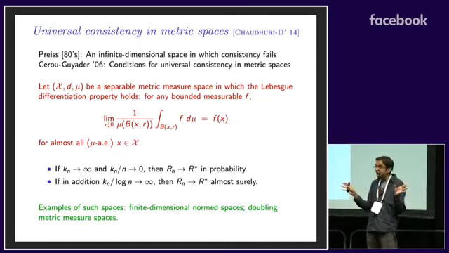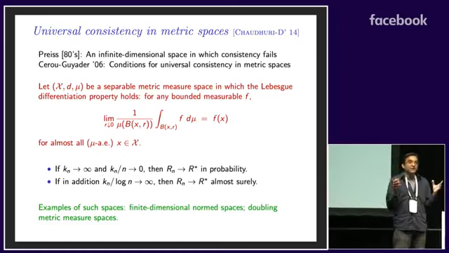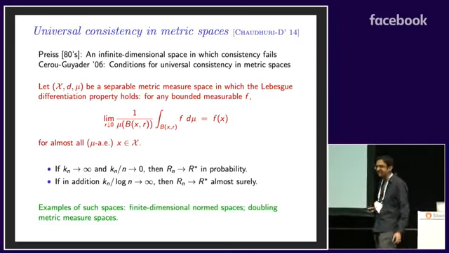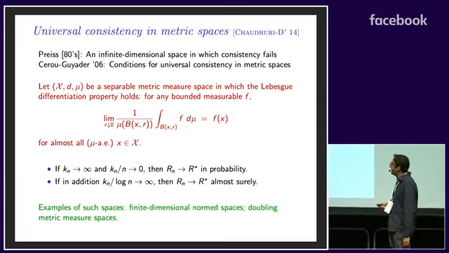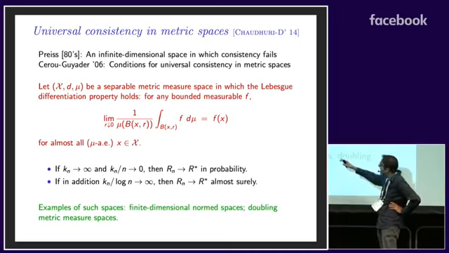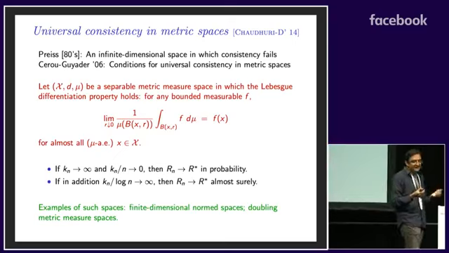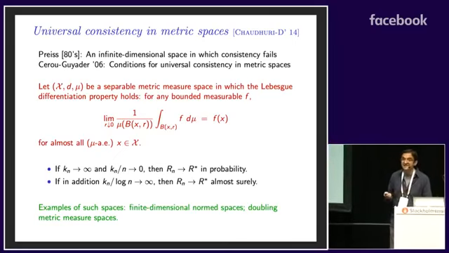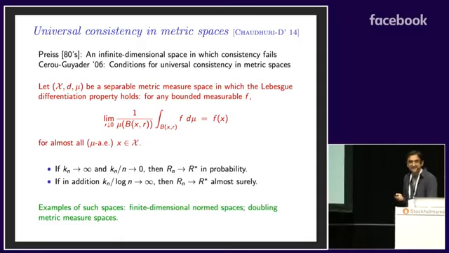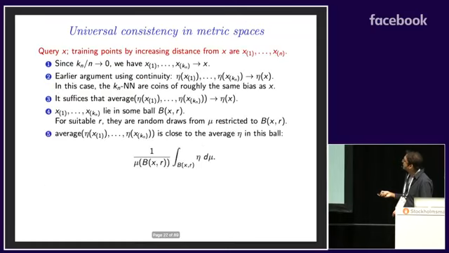And if the metric space satisfies that theorem, then universal consistency holds in that metric space. I'm not going to go into the details of that, but it's a very different kind of argument for consistency. And we know lots of families of metric spaces that satisfy this. It's hard to cook up a space that doesn't satisfy this. So this is the current state of consistency. I won't go through the argument.